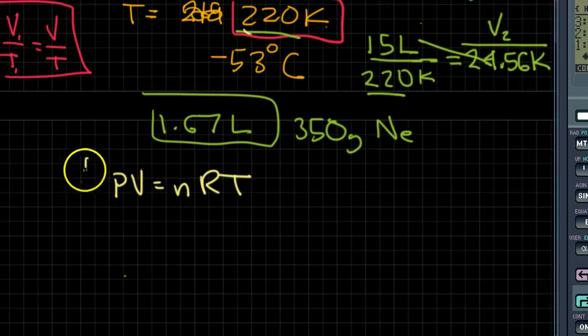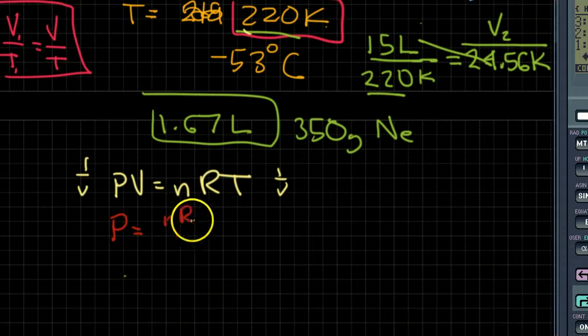So I can multiply this whole thing by 1 over V. So the new pressure is going to be equal to nRT over V, because we multiplied by 1 over V.